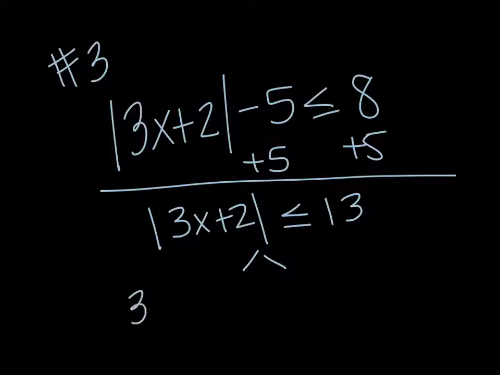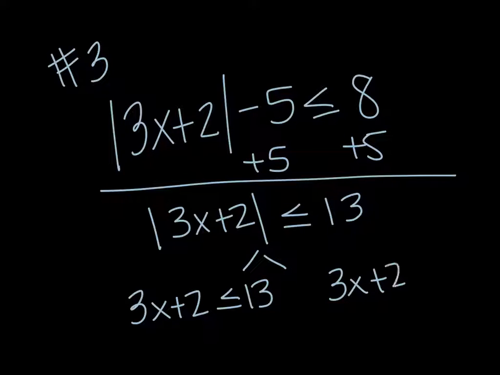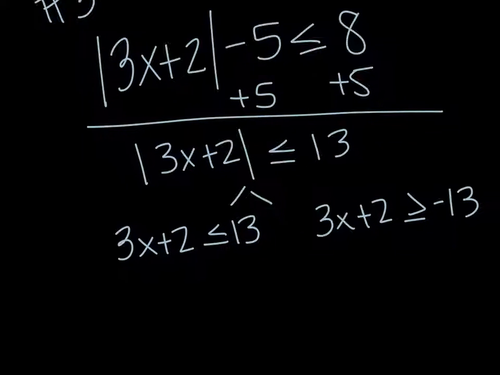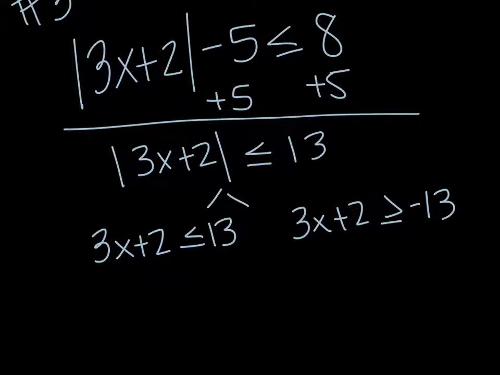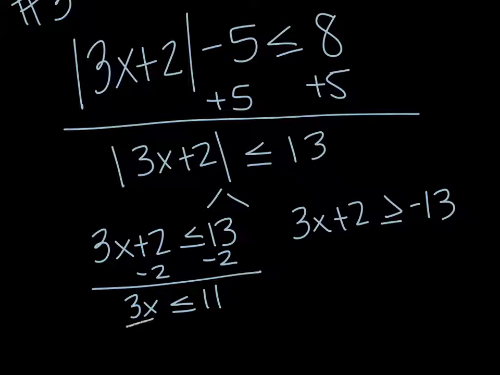So, 3x plus 2 is less than or equal to 13, and 3x plus 2 is greater than or equal to negative 13. Switch your inequality, switch your sign. And now we can solve for both of these. So, subtract 2, subtract 2. And it looks like we're going to get a fraction, but that's okay.